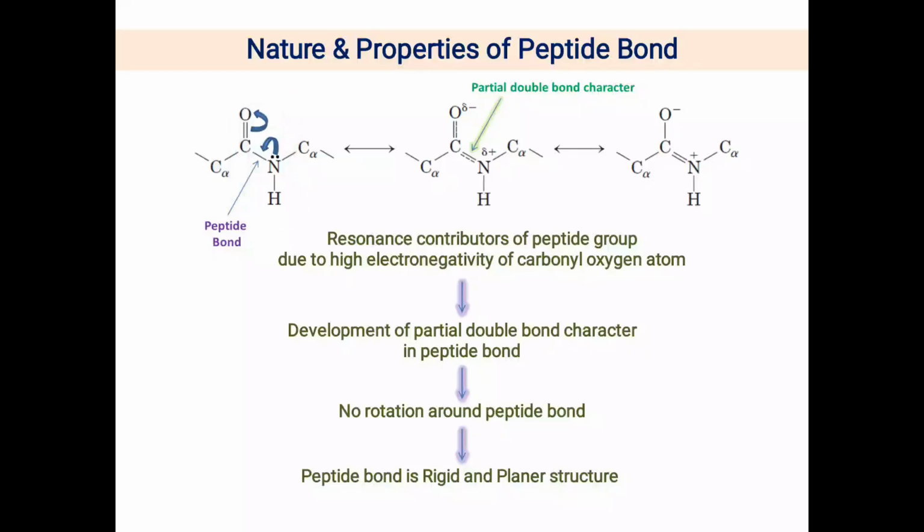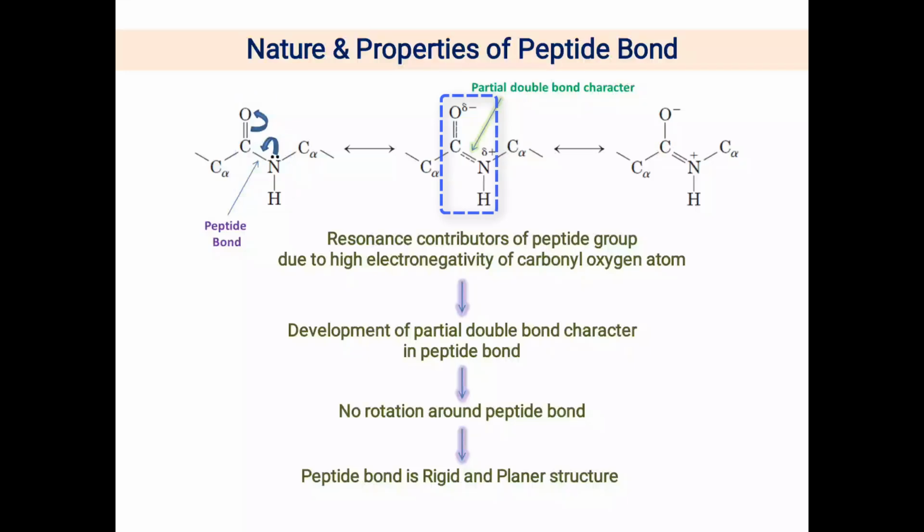Because of this, there is resonance between the atoms. Because of the sharing of those electrons, there are three resonance structures you can see here. In the first, there is 100% single bond character in the peptide bond.